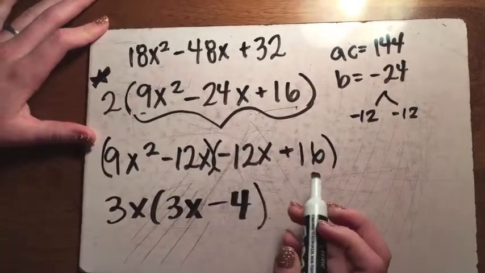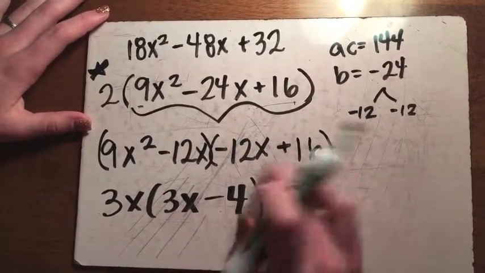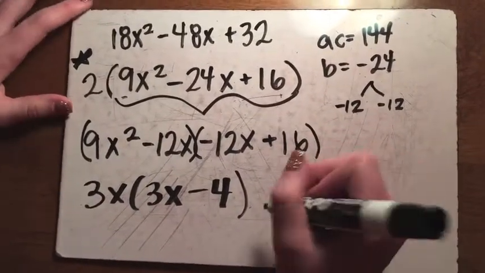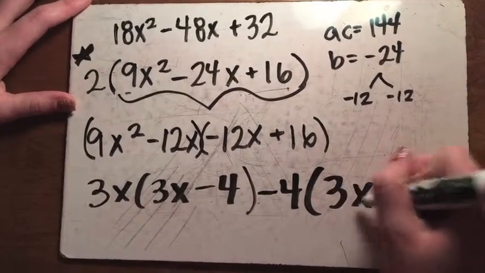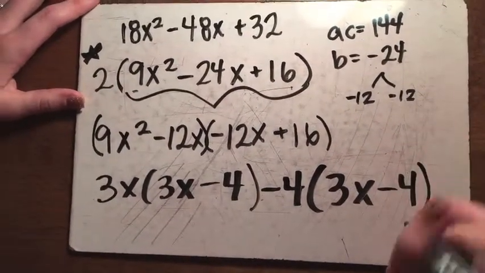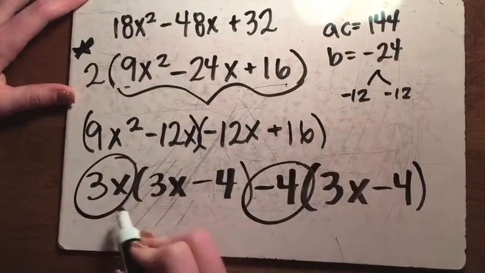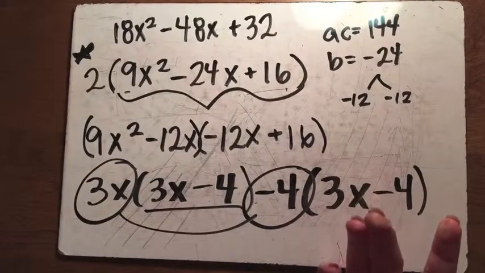Even if you can take out something else, if it's negative on the inside, you want to take it out. So we're taking out a negative 4, and then you're left with 3x minus 4. And you're thinking, this comes together with this to make one, and then this is the other, but they're the same. What do you do?